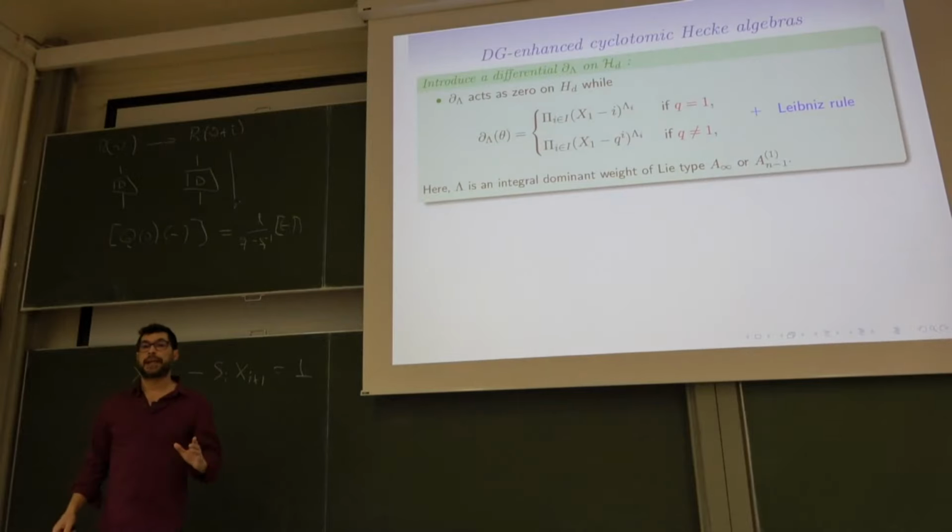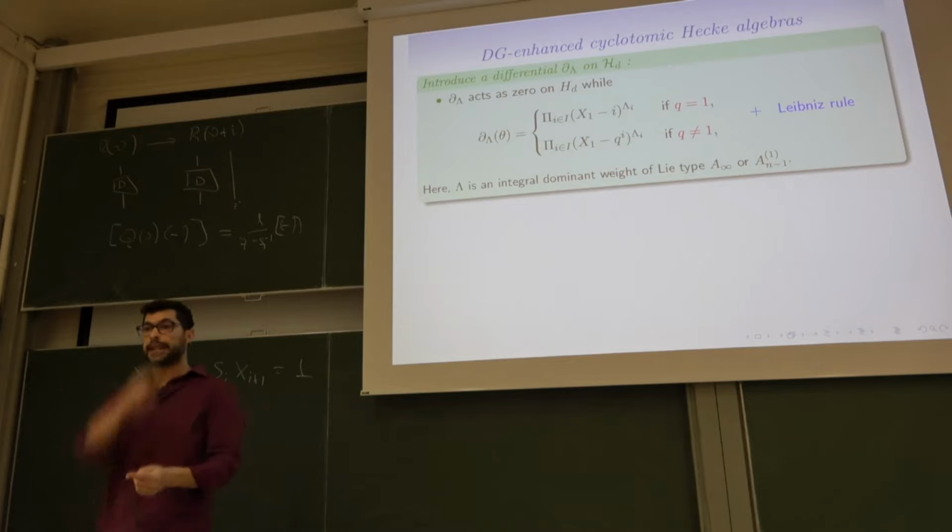Degenerate affine Hecke algebras correspond to the infinite linear quiver, and affine Hecke algebras to the closed quiver, just a cyclic quiver.